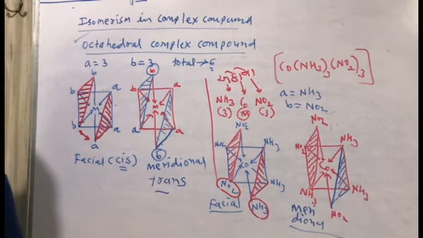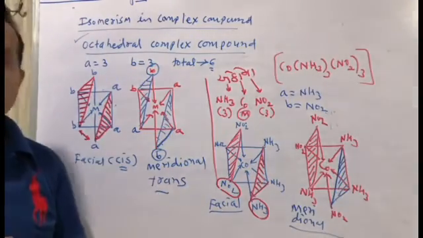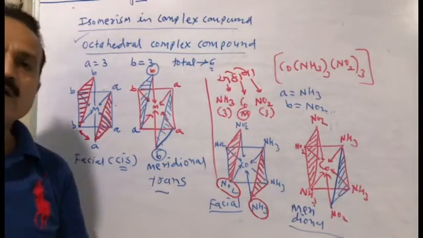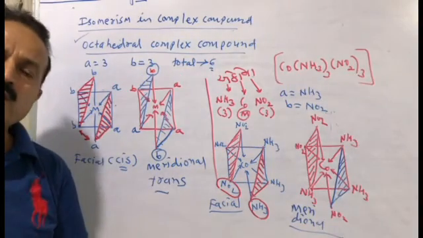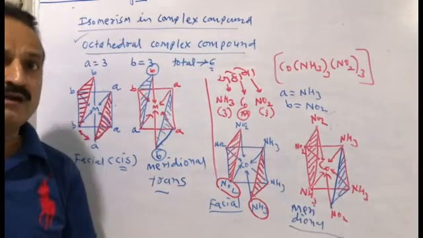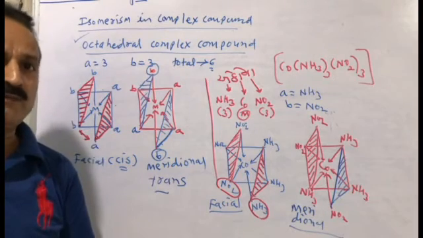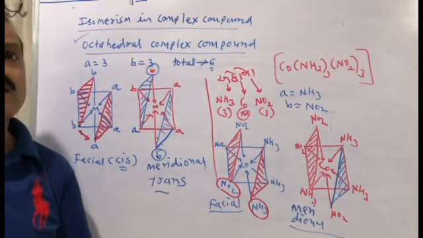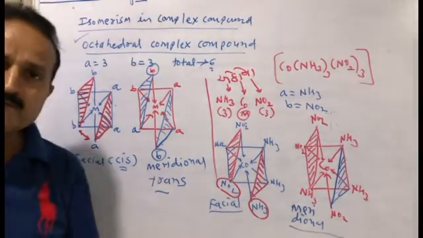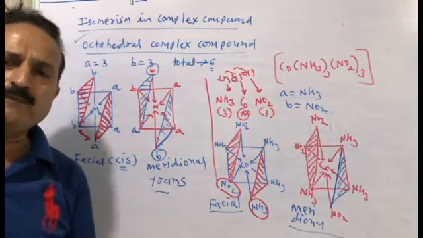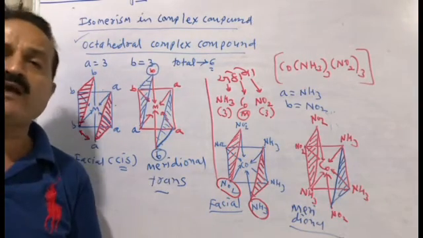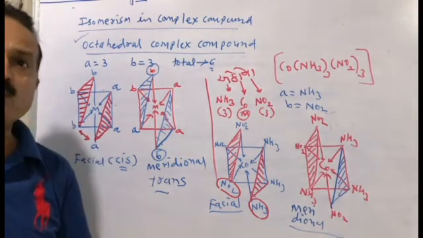So we have discussed geometrical isomerism in square planar complex compounds and octahedral complex compounds. In square planar, we took the example of Pt(en)Cl2 type complexes. In octahedral, if A type ligands are 2 and B type ligands are 4, then we have cis and trans, and we took an example of that. If A type ligands are 3 and B type ligands are 3, then cis means facial and trans means meridional, and we took the example of [Co(NH3)3(NO2)3].